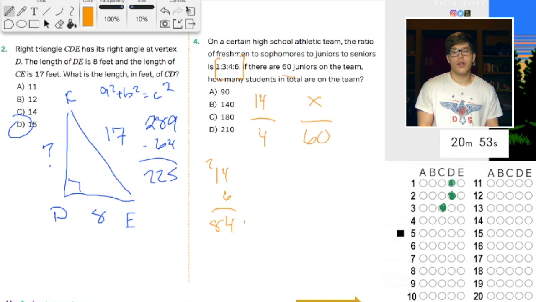This is 84, add a 0, and now we need to divide by 4. One way to divide by 4 is to divide by 2 twice, and we will get 210. 840 divided by 2 is 420. Cut in half again is 210. So yes, our answer is 210 here. So number 4 is again D. Looks like we're having a lot of D's.